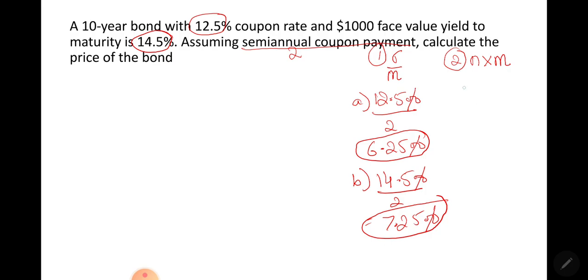N over here is 10, so 10 years, and in 1 year 2 payments. That means in total there will be 20 interest payments. This is your new N. So we will use the same formula, but now we will use these values. So the bond valuation formula is this.